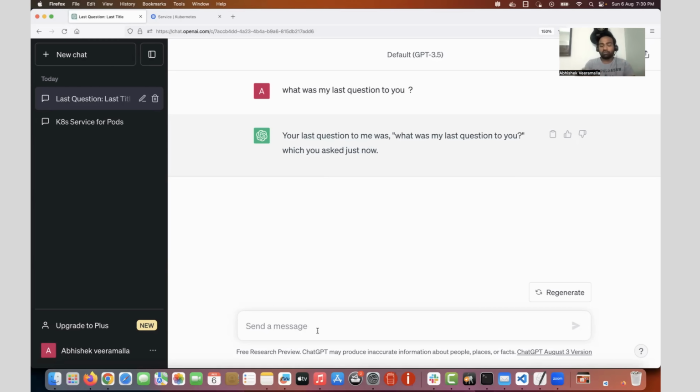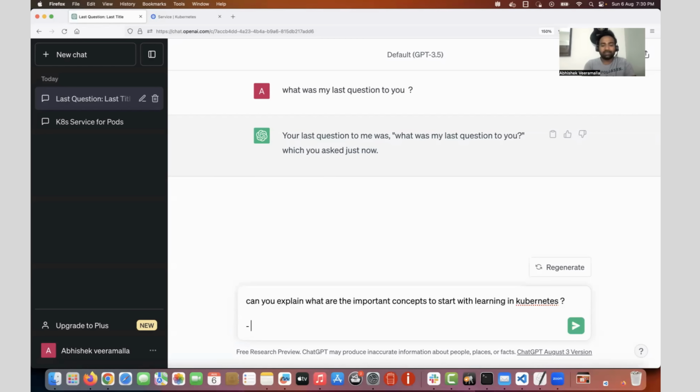to explain. So first, you need to ask ChatGPT, can you explain what are the important concepts to start with learning in Kubernetes?